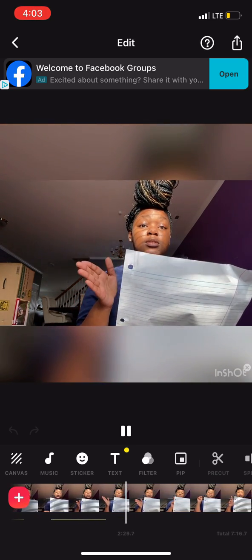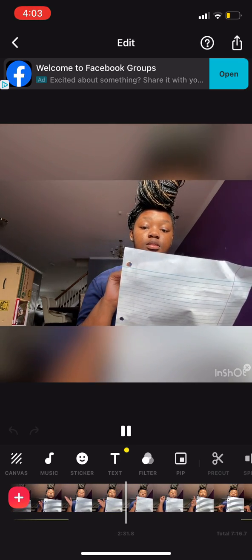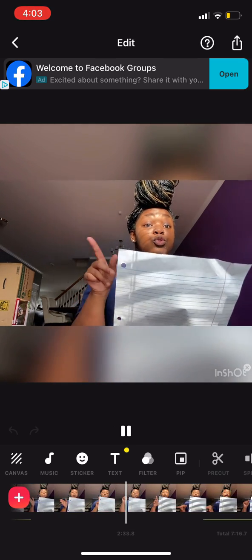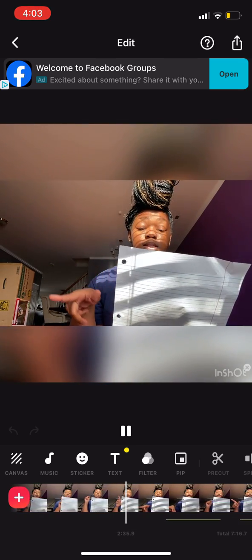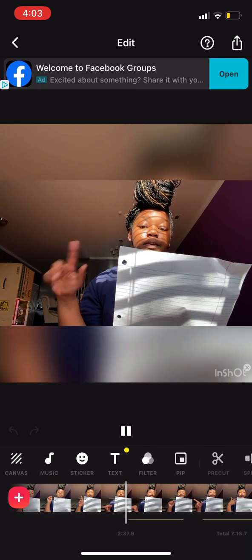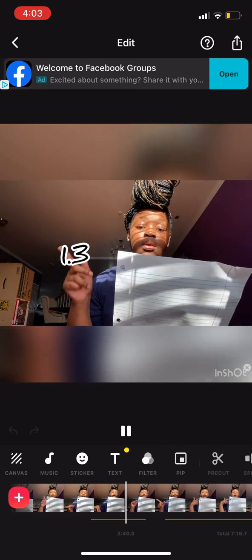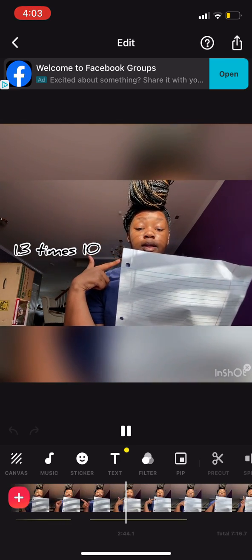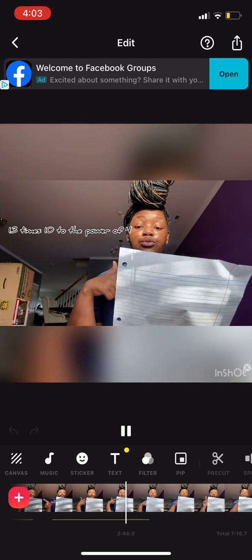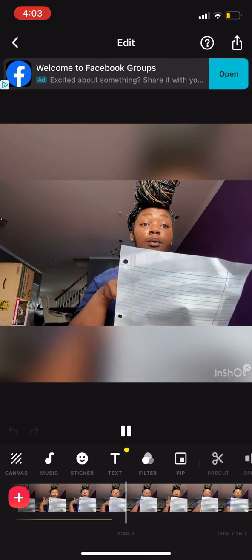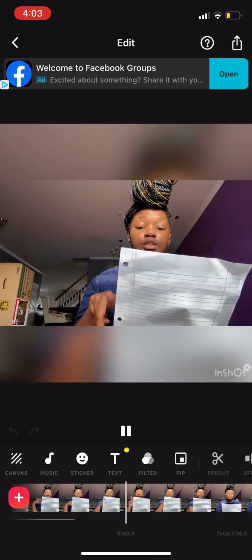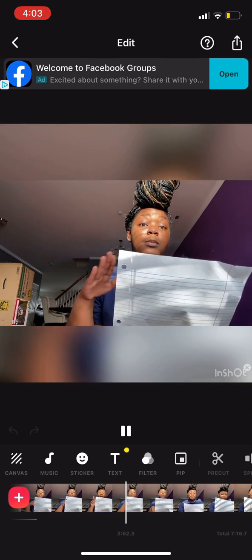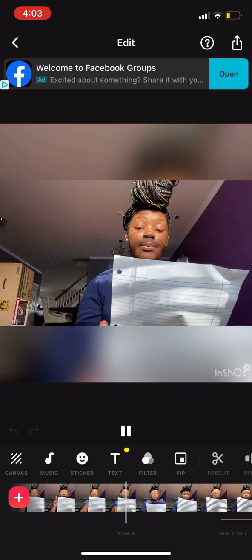Now you move it to a number between 1 and 10, and that would be 1.3. So 1.3 times 10, and you rewrite it as 1.3 times 10 to the 4th power. Remember, we had to move it to a number between 1 and 10, and we count how many spaces we had to move it.